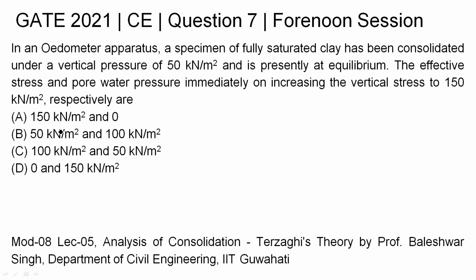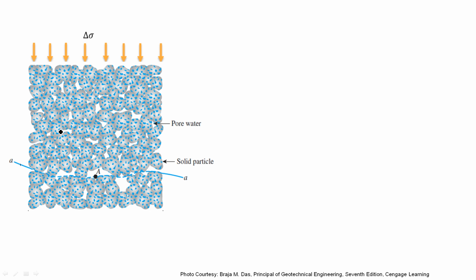So this question is from the topic of consolidation, Terzaghi theory. Let's understand the theory first. Whenever any saturated soil is subjected to any vertical load, the total stress in the soil is induced. Since it is known that total stress is taken by two components.